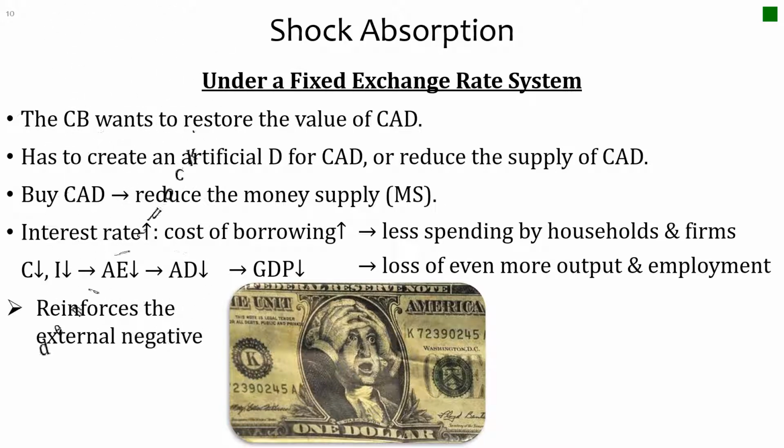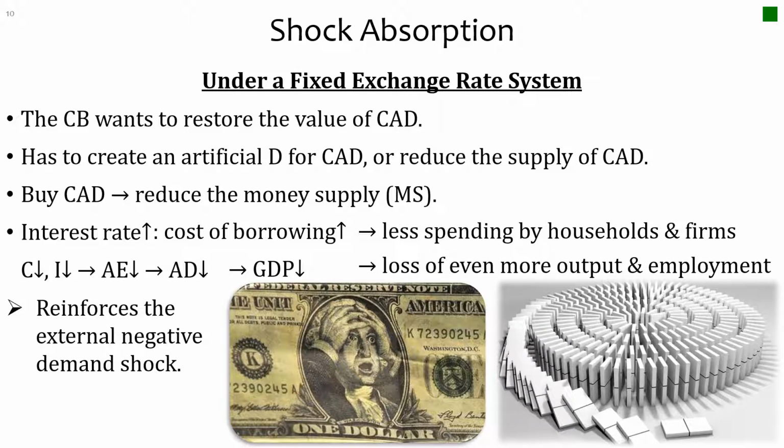So in the case of a fixed exchange rate system, it reinforces the external negative demand shock. So initially there was a loss of GDP, and then we have even more loss of GDP, right? So it's kind of like a domino effect, which spreads around to the entire society, to all sectors. And that's the disadvantage of a fixed exchange rate system.